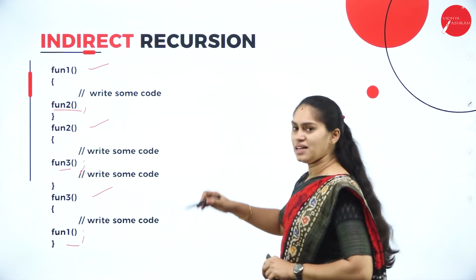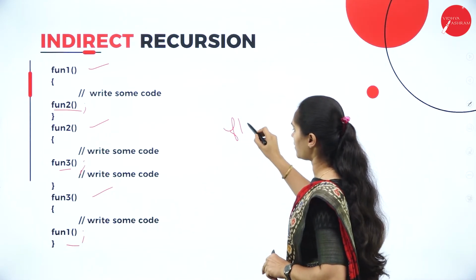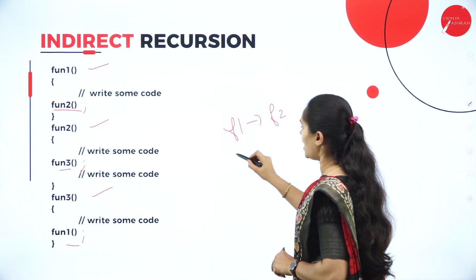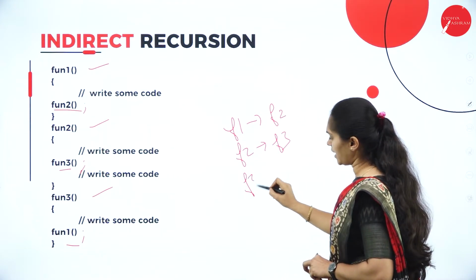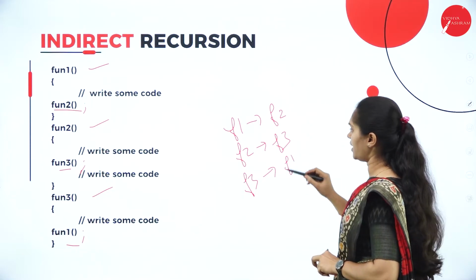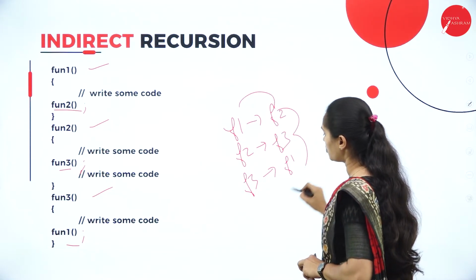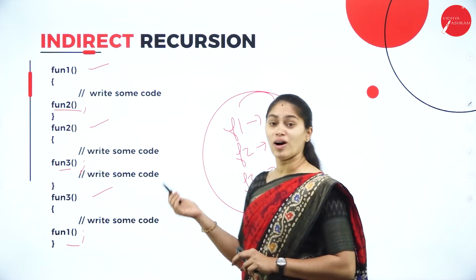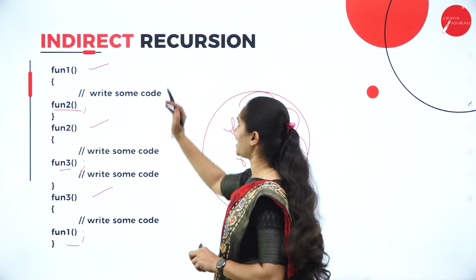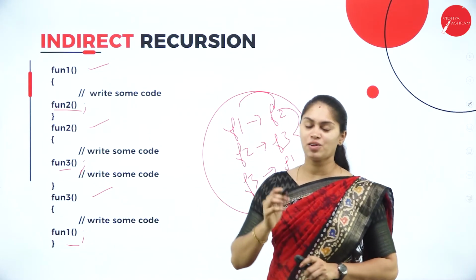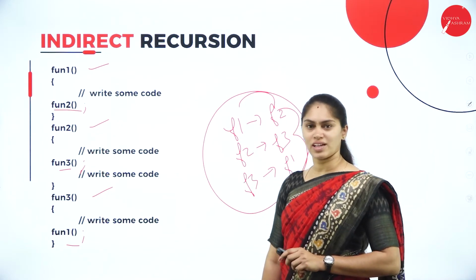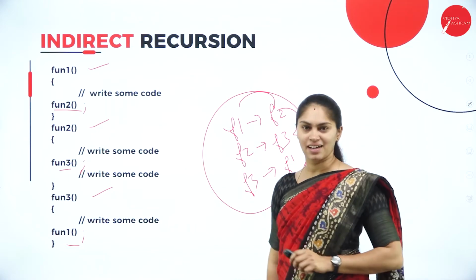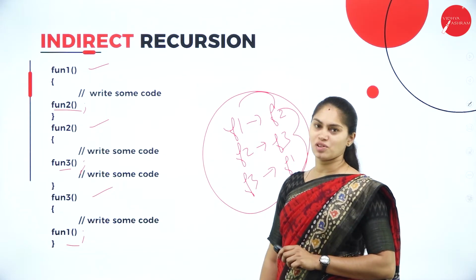That means in a circular formation, function 1 is calling function 2, function 2 is calling function 3, and function 3 is calling function 1. It will be of circular motion. So we call this kind of recursion indirect recursion, and you need to take care about the definitions of all the other types of recursion that I mentioned in the previous slide. I hope you all understood the types of recursion.